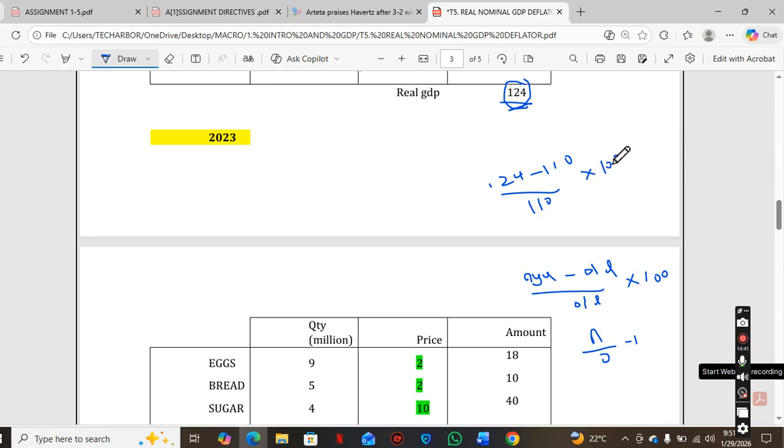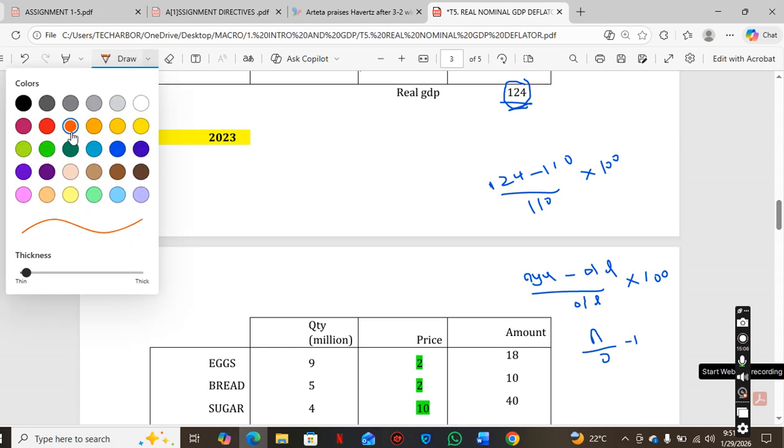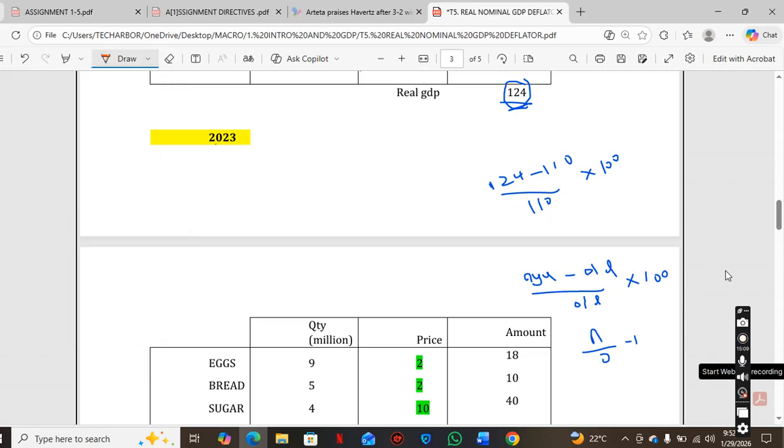Those with calculators, what percent change is this?